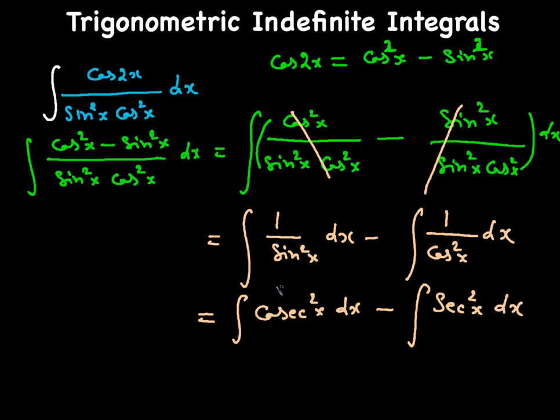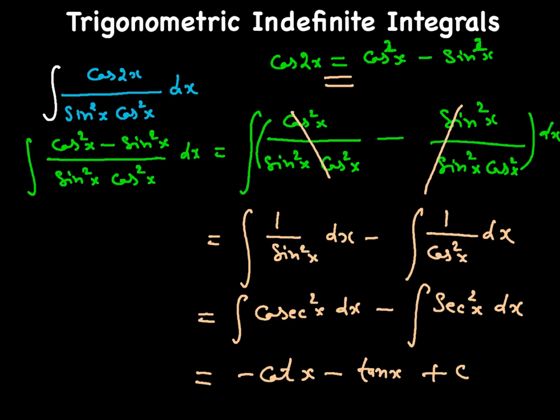And the integration of cosecant square x from our integration formulas is negative cotangent x, and the integration of secant square x is tangent x plus the constant. All right, again, try to remember these trigonometric identities because that'll help you a lot when you're solving the integration, to make your integration a simpler form.